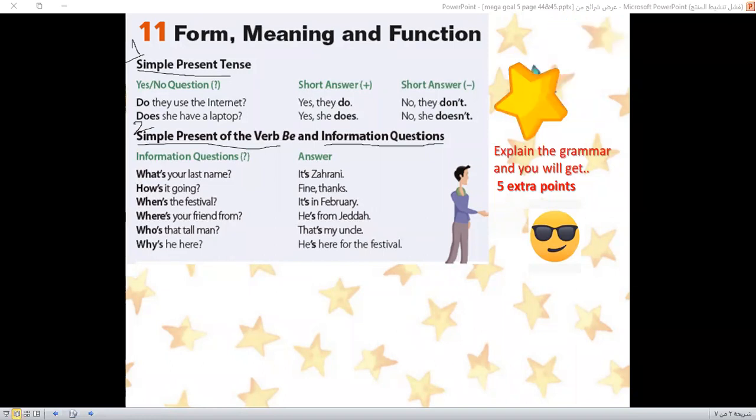Teacher, explain it now or what? Yes, now I'm waiting. Come on, Thalith, it's very easy. We've taken this grammar before, many times. What? No one is participating?